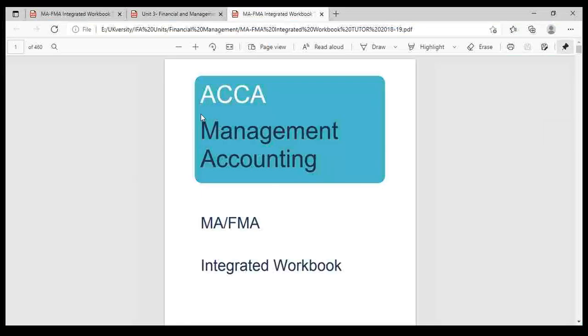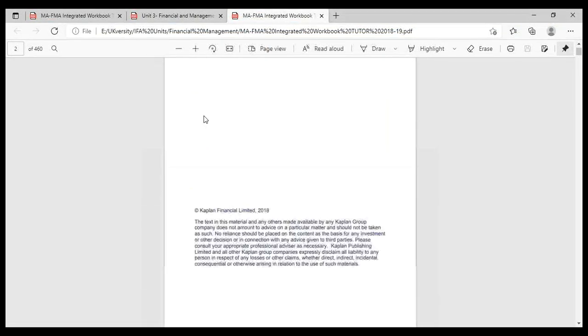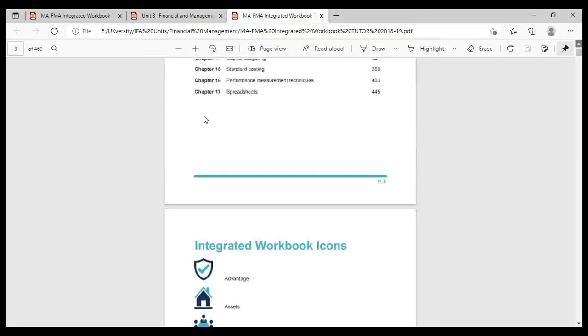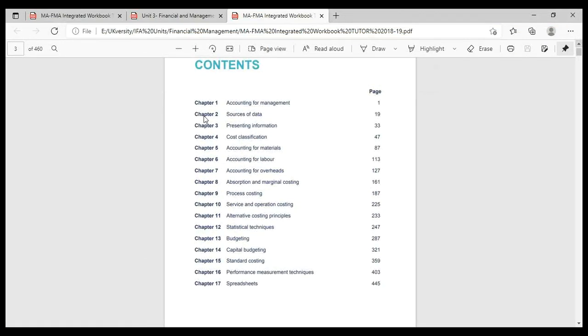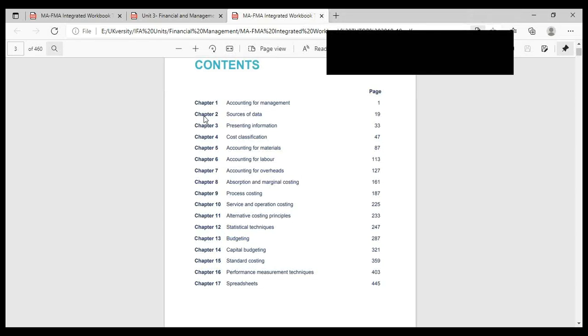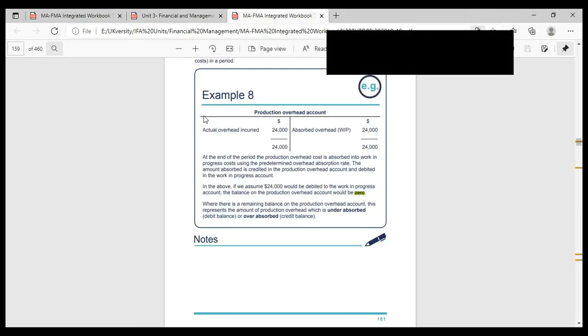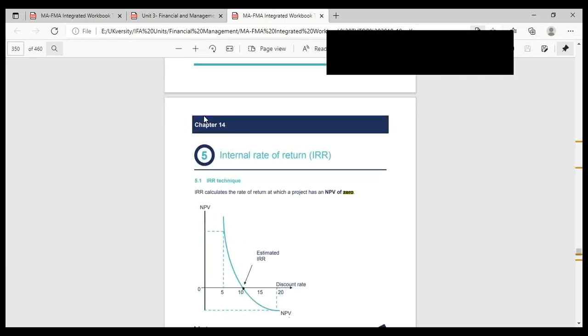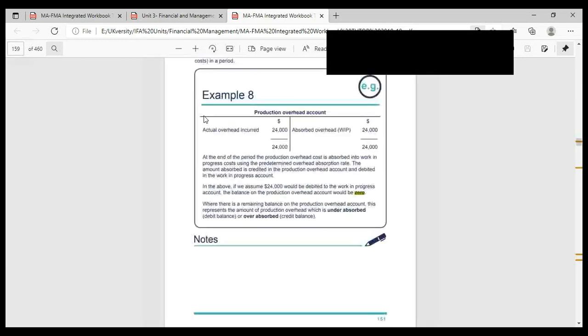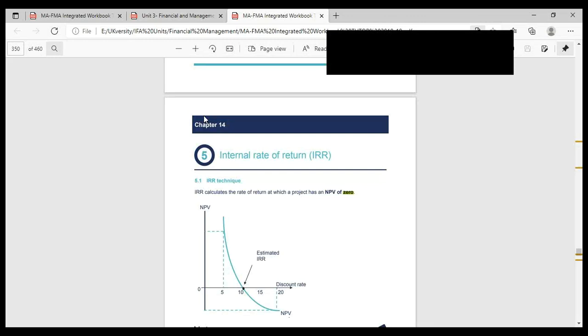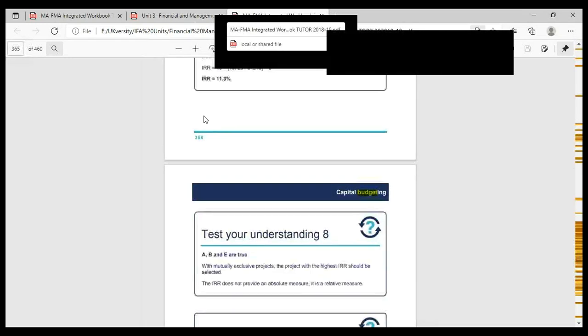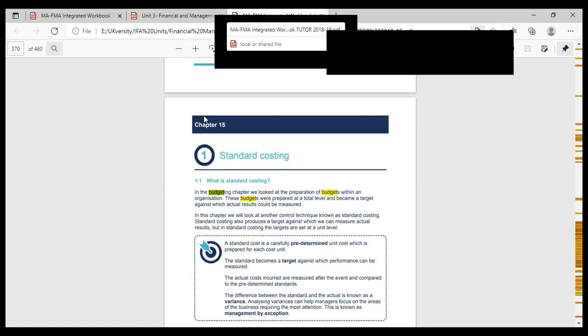So this is the book. If you look within it, we have material, overheads, and budgeting. If you want zero base, type zero. If you want budget, type budget, or standard costing.